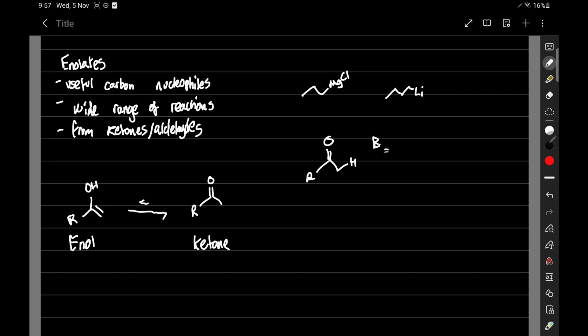So a base can take this proton off and we basically end up with a carbanion. So I've just ripped a proton off of that carbon, which is weird because normally it's very, very difficult to deprotonate just a carbon atom.